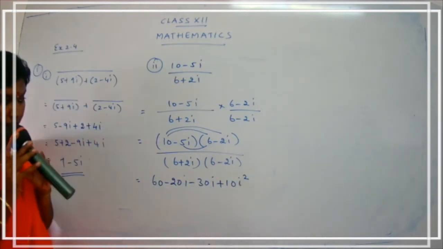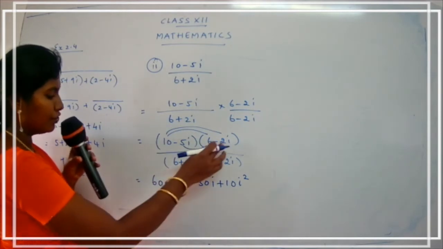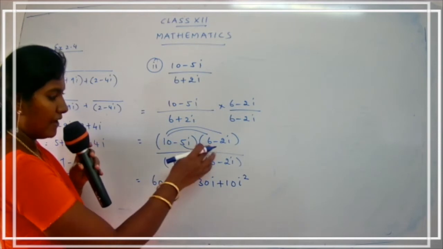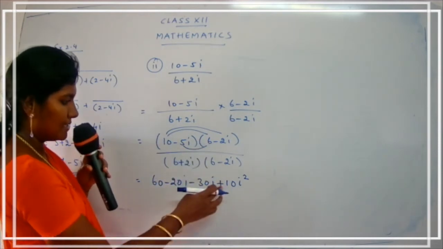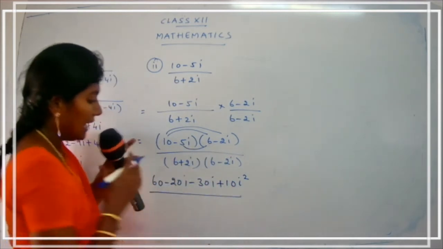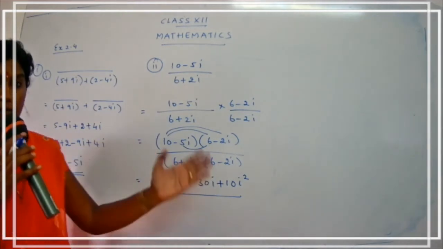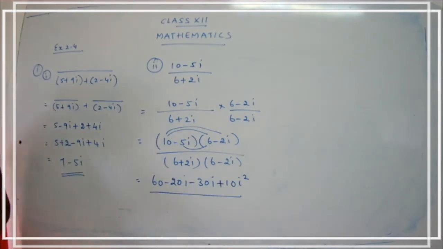I hope you're clear, children. 10 sixes are 60. 10 into minus 2, so minus 20i. Minus 5 into 6, minus 30i. Minus times minus, 5 twos are 10, and i square. And for the denominator part, do not go on with the usual multiplication. We are going to use an identity.